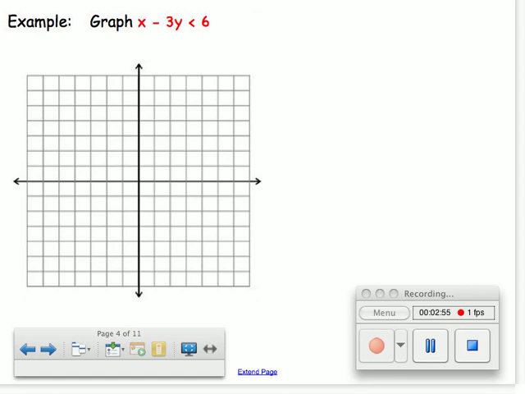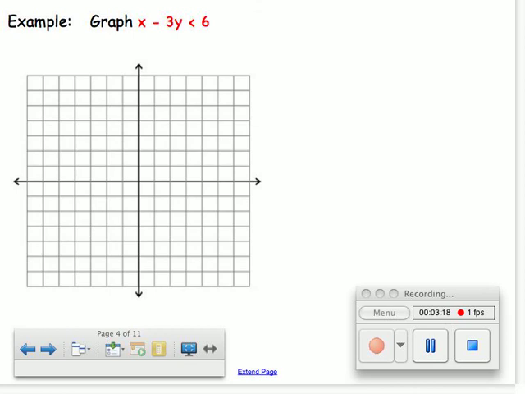In this example, I am graphing x minus 3y is less than 6. And what I want you to do is just pretend that that less than symbol is an equal sign. What I need to do first is get it into slope-intercept form. That means I need to get y in terms of everything else.